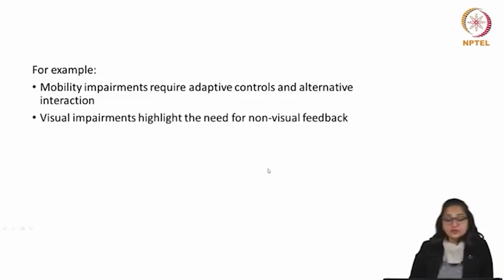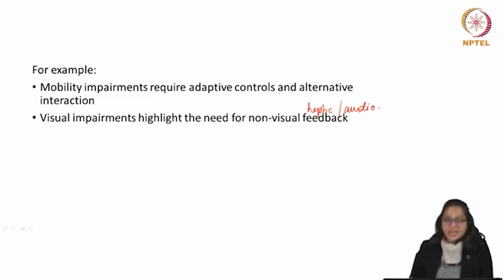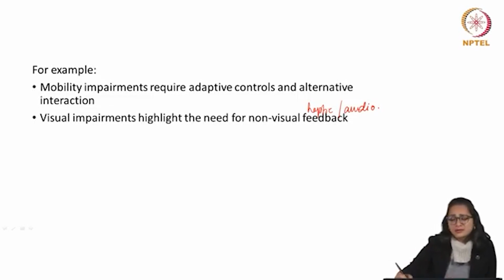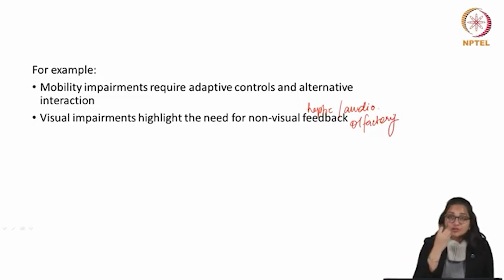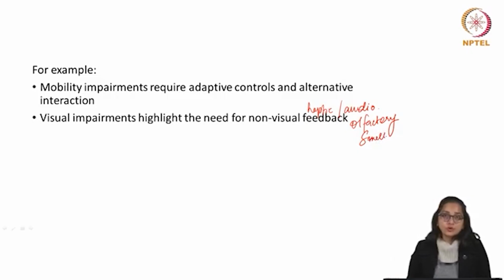For visual impairments, you may need to highlight the need for more non-visual feedback, so it can be haptic or audio. And now we are also moving into olfactory, which is through the sense of smell. We can explore all of these.